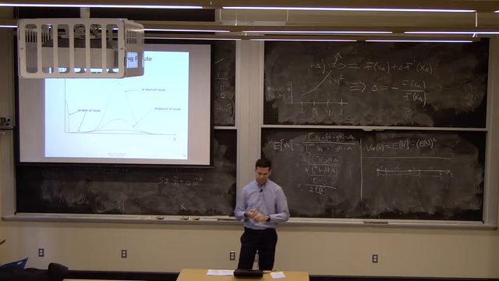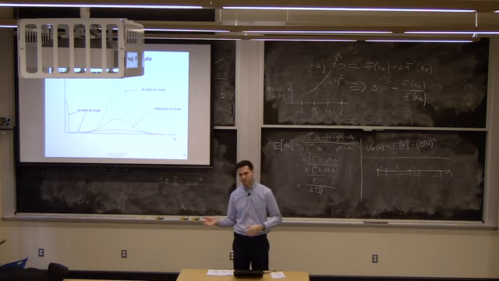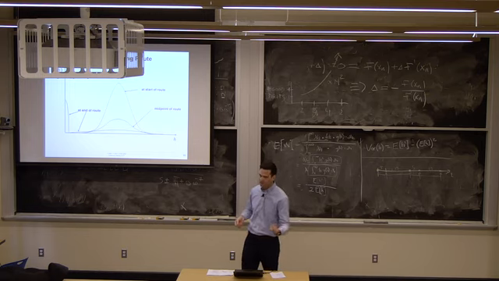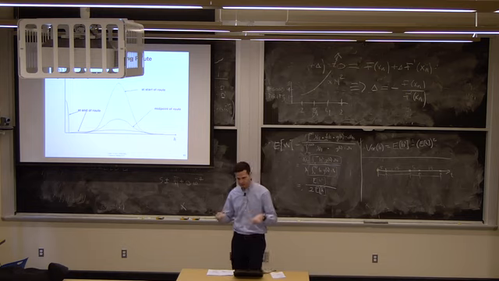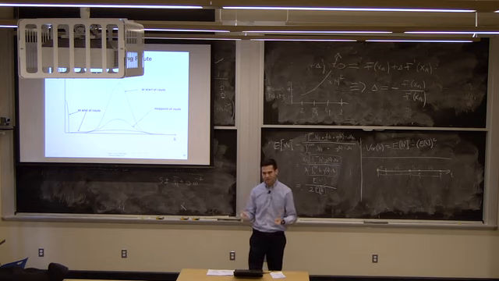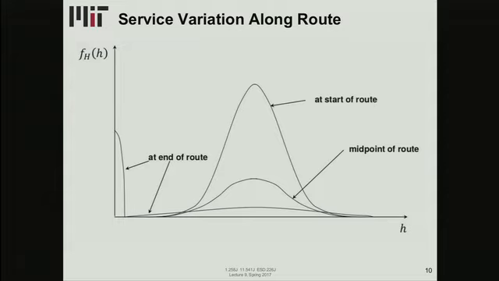And then it's also a function of where you are along the route, right? If you're closer to a control point, which could be the terminal or anywhere along the route, if there is control en route, then you'll have less variability of headways. As you run downstream of the last control point, then you'll see greater variability.